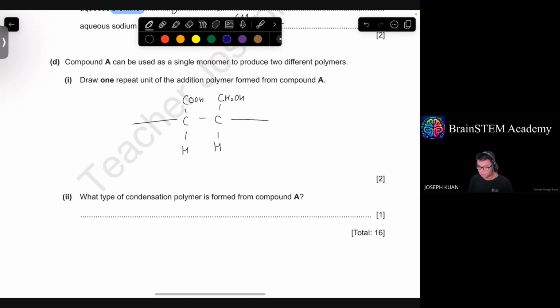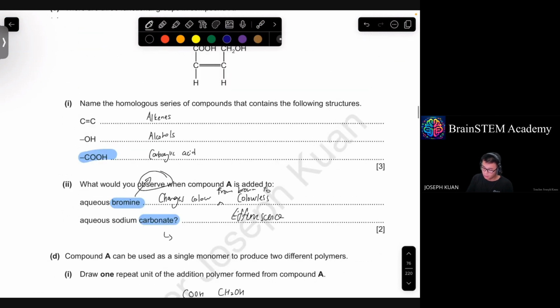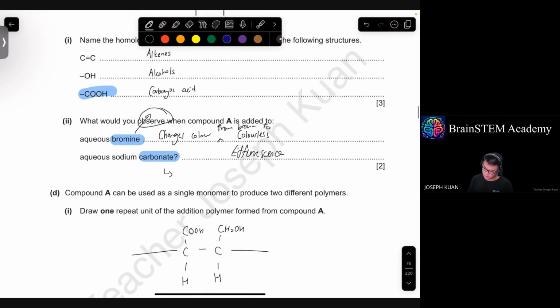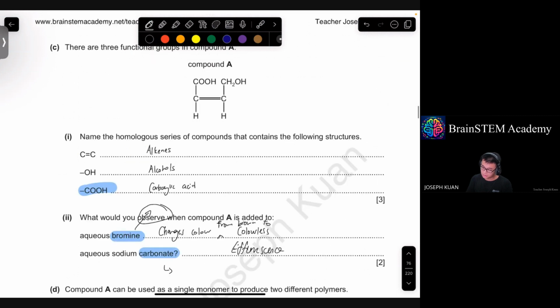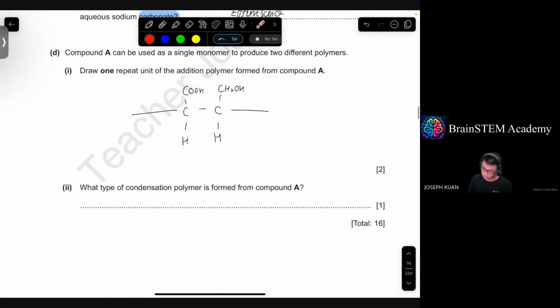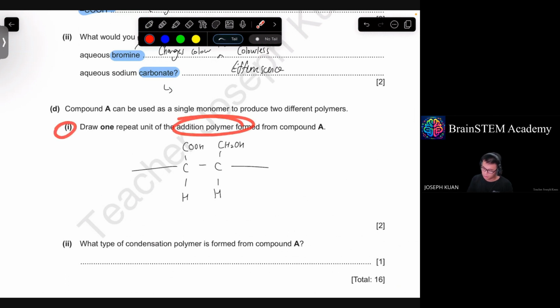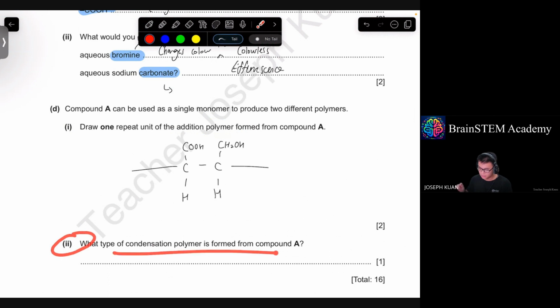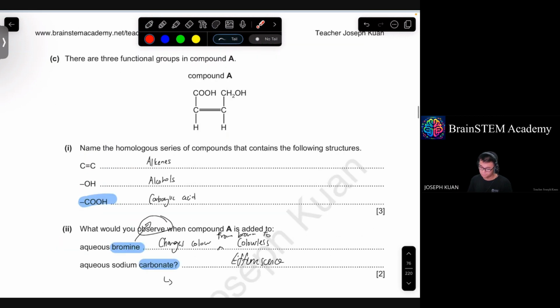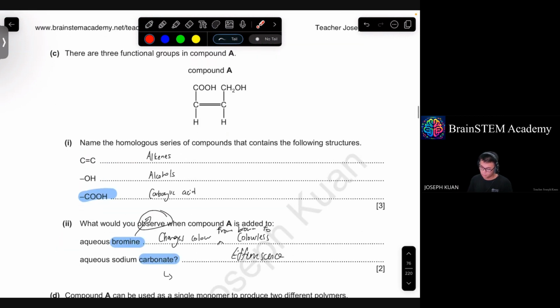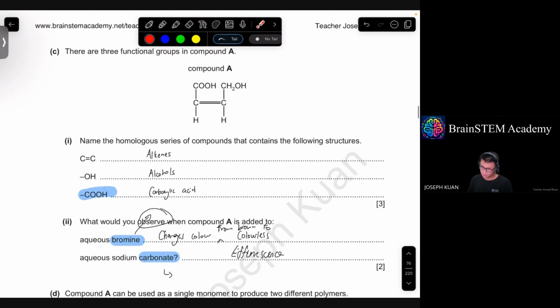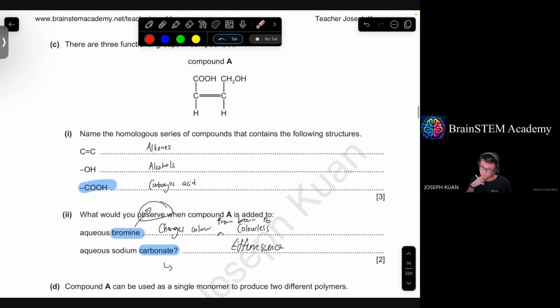And what type of condensation polymer is formed from compound A? Well, because this is an addition polymer... wait, pause. This one is for addition polymer, but the second question is on condensation polymer. So you want to make a condensation polymer.